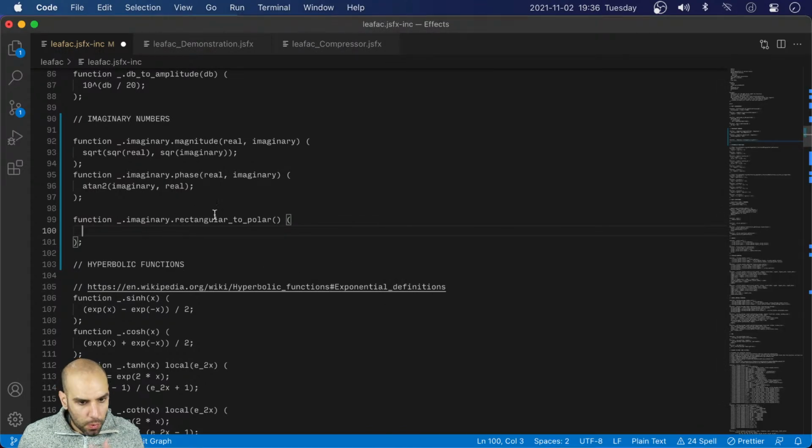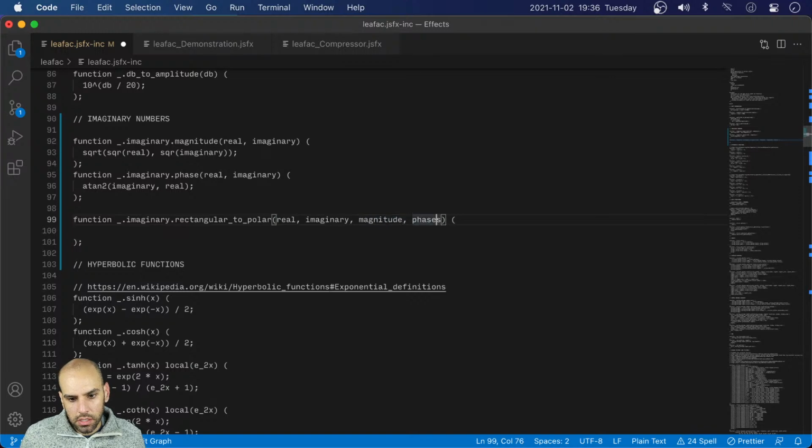Right, okay, so rectangular to polar, I need to get my real and imaginary and my magnitudes and phases. Well, I'm not calling it reals, I'm calling it real.